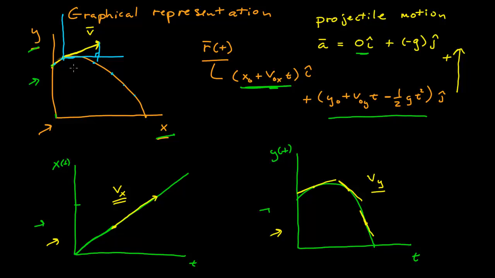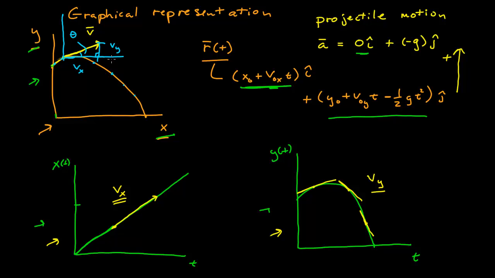Now, the projection of this vector on the horizontal axis is the x component of the velocity. The projection of this vector on the vertical axis is the y component of the velocity. And I might be able to find this angle theta here to be able to relate the two.